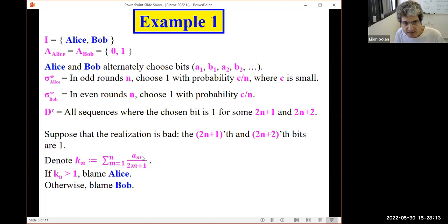So for each period in which Alice chose 1, we add 1 over 2m plus 1. If this sum is larger than 1, then we blame Alice. So if this sum is high, it means that Alice chose 1 too often, we blame Alice. Otherwise, we blame Bob. It turns out, by easy probabilistic calculations, that this is a proper blame function.